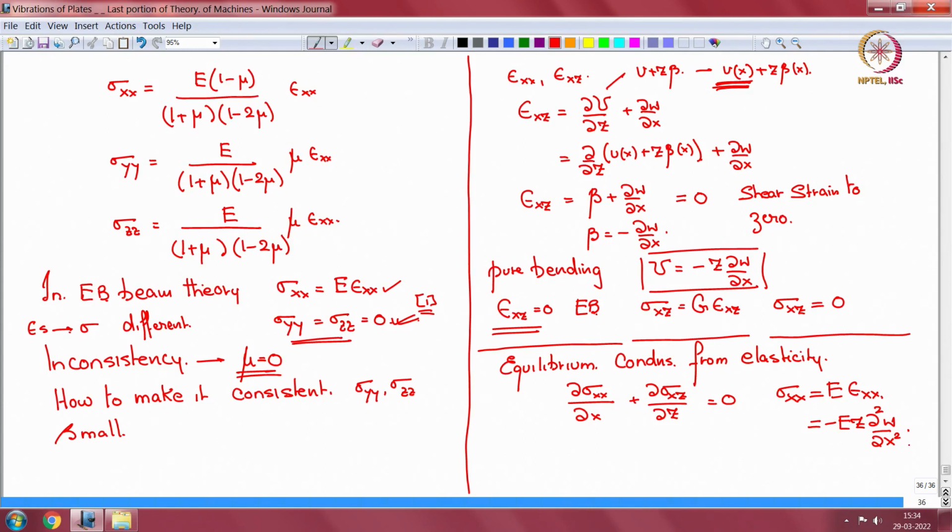Okay, so now we will replace this with our familiar M over EI expression from undergraduate.